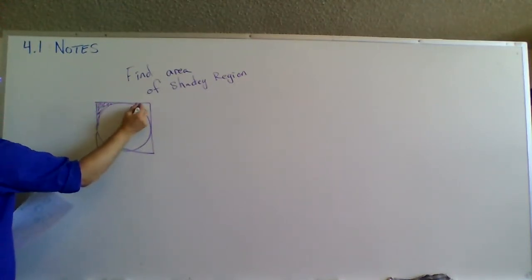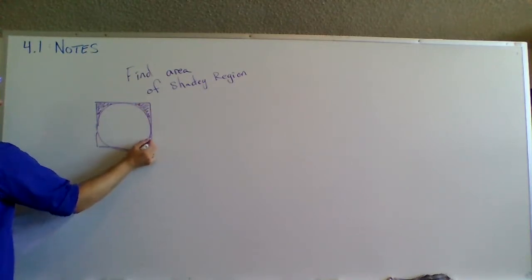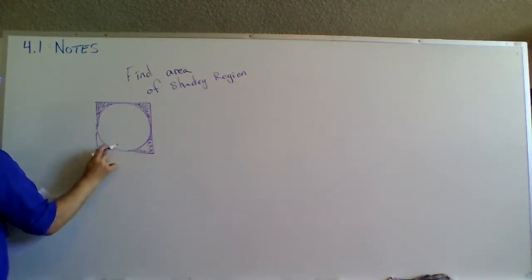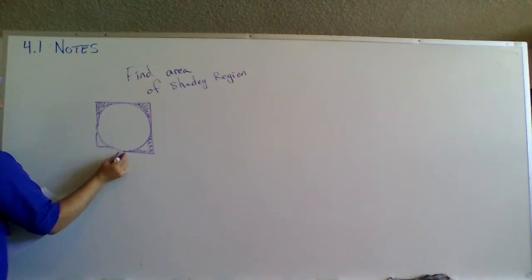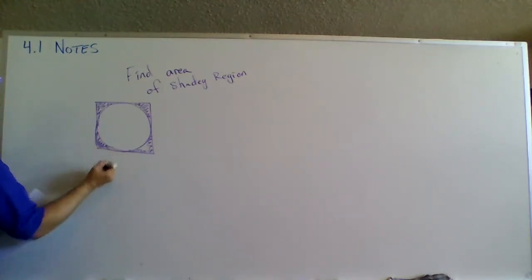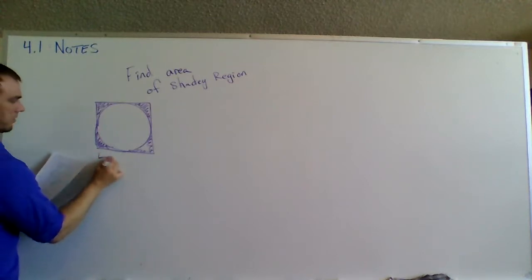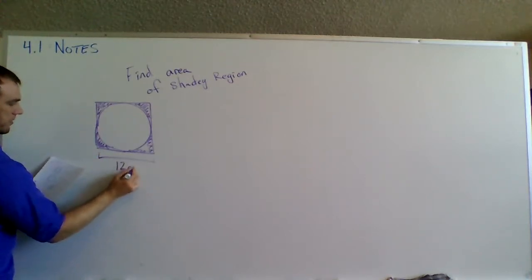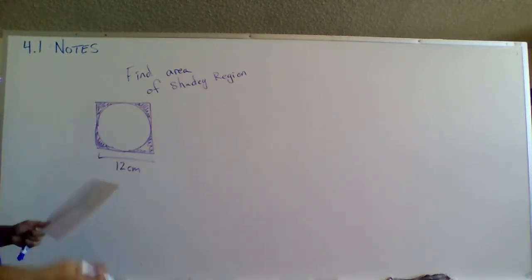The shady region is going to be this little part in all 4 corners. All I'm going to tell you is that this is 12 centimeters. Okay, that's going to be problem A.